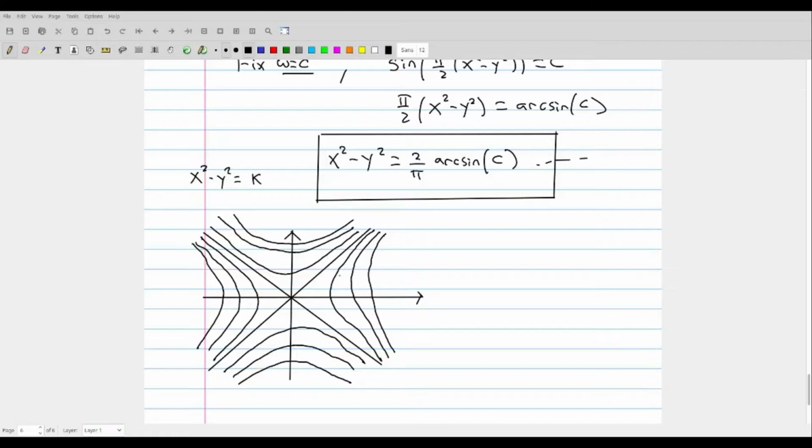Specifically, they're going to be changing with the value of c that the function is. So these level curves are giving us the value of the function, the c value, for every single possible value of c.